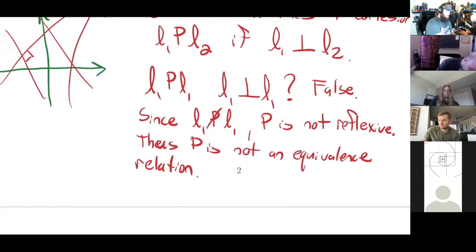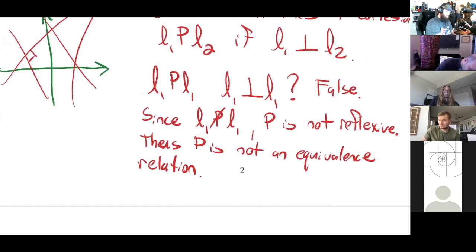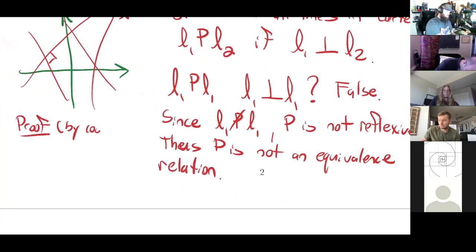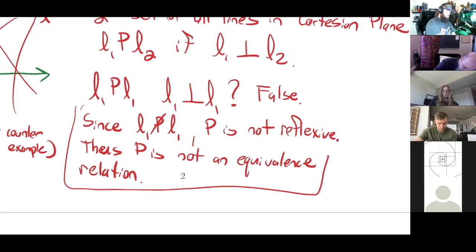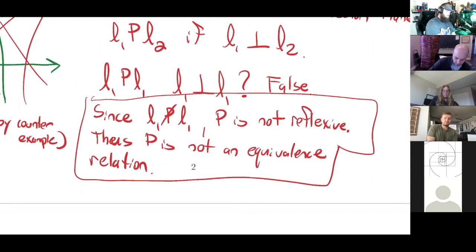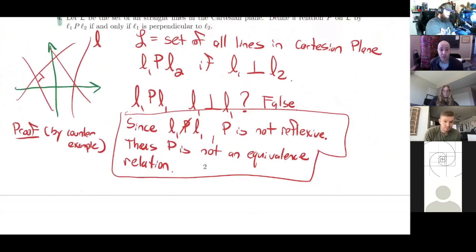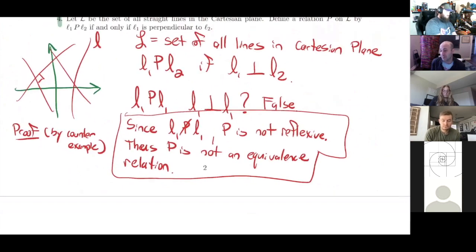So this is false. Here we did a proof by counterexample. If we want to show that it's not an equivalence relation, I just need to pick one of the properties that doesn't work. The fact that the others may or may not work doesn't help or hurt this proof. The reflexive one is probably the easiest one to disprove.